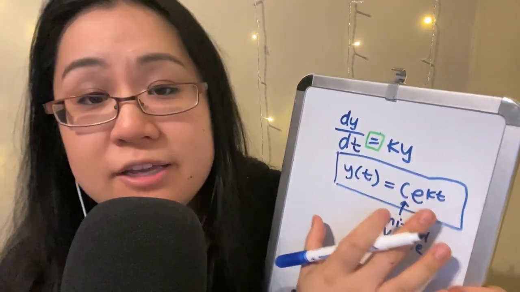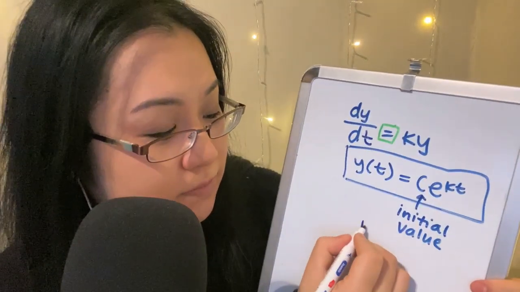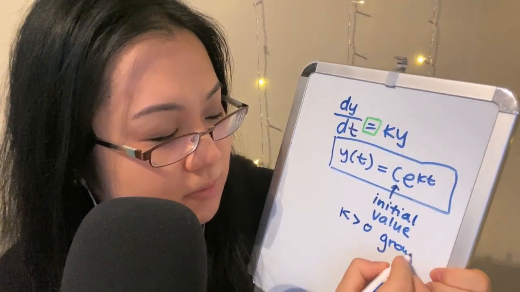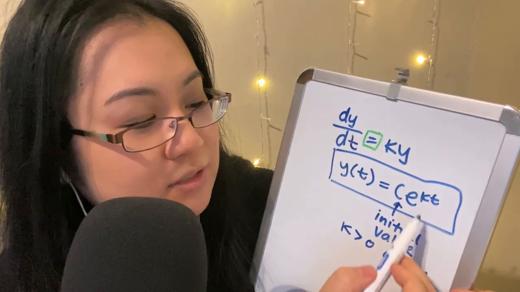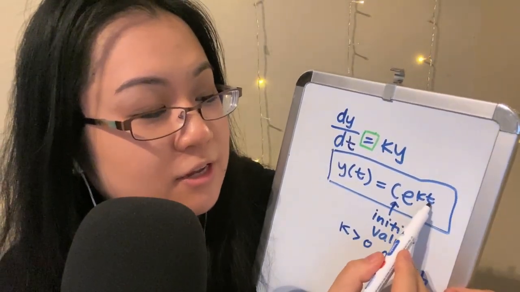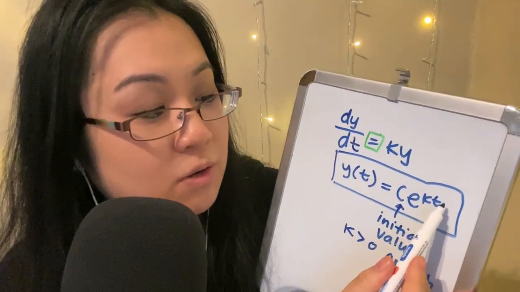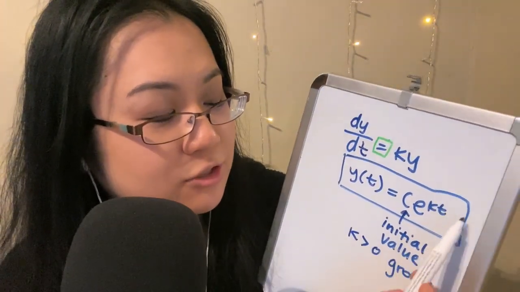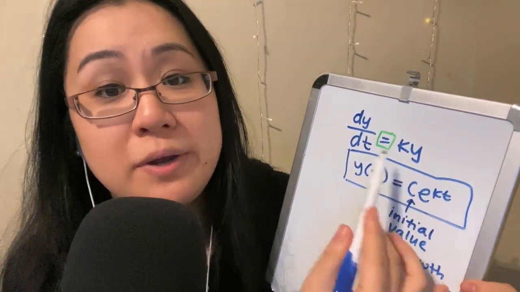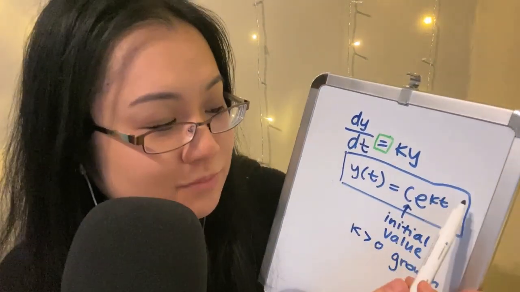If k is greater than 0, you have exponential growth. That makes sense, right? Because if this is e to the, let's say, 3t, then as time increases, 1, 2, 3, or whatever, 100 years, this e to the something positive is going to grow exponentially large.